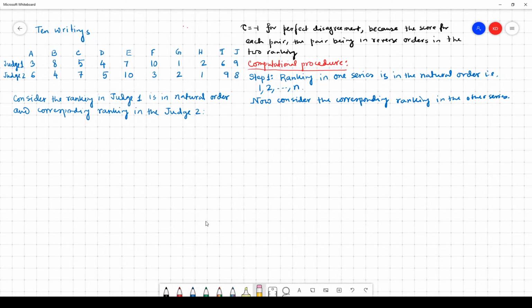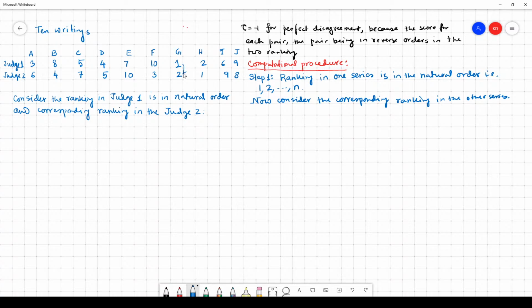So first you see that judge 1 gives rank 1 for individual G, and the corresponding rank of G given by judge 2 is 2.